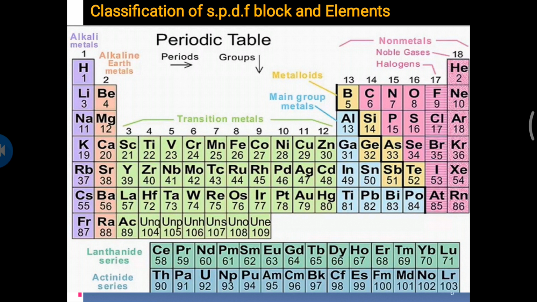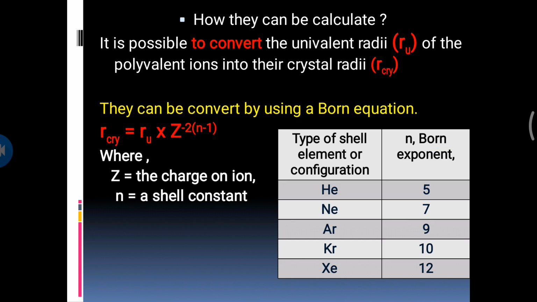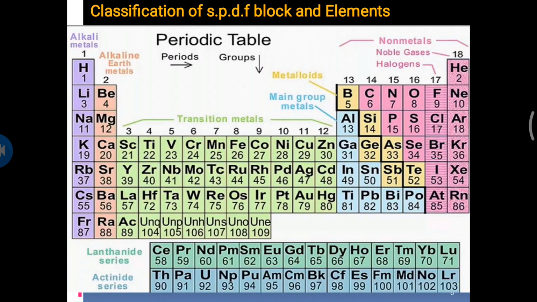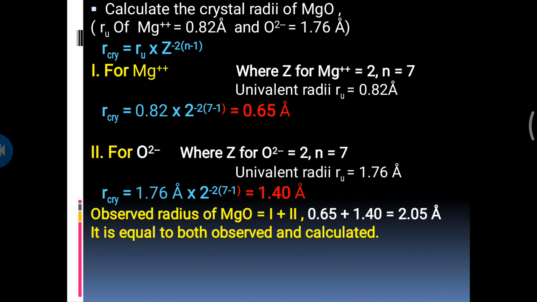Magnesium loses 2 electrons to form the neon configuration, and for the neon family the Born exponent is 7. That's why we use n equal to 7 in the first equation for Mg. Because n is the Born exponent, and if Mg loses 2 electrons it forms the neon family configuration.